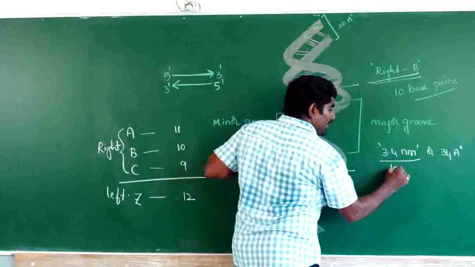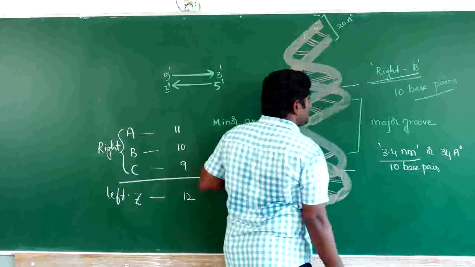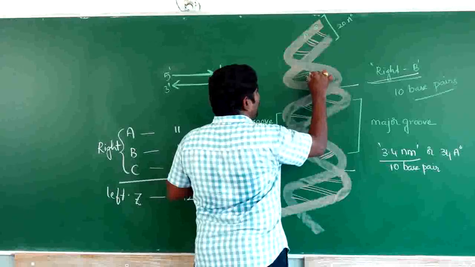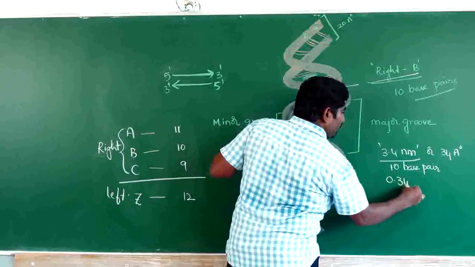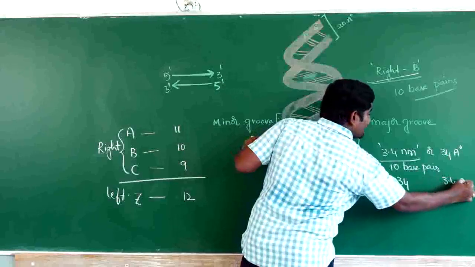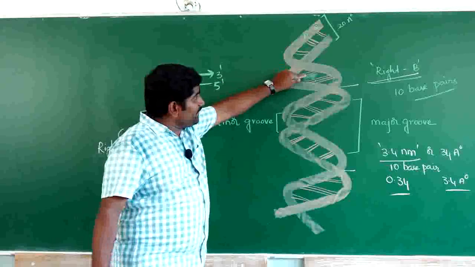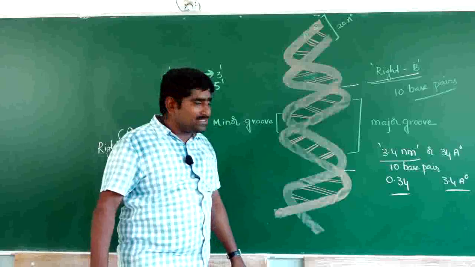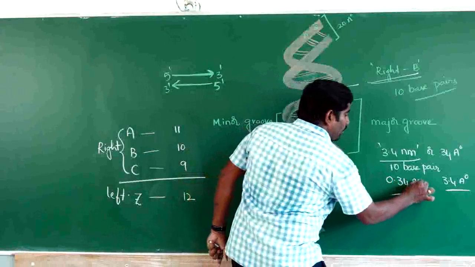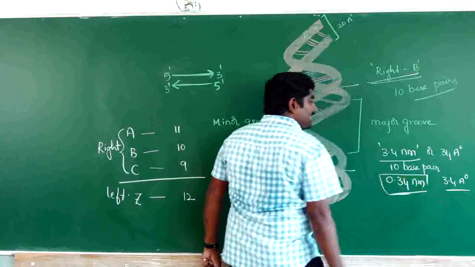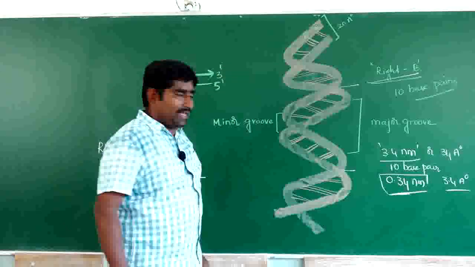In one full turn, a total of 10 base pairs are present, so the distance between each base pair is only 0.34 nanometers or 3.4 angstroms. The angle between two successive base pairs is 36 degrees.